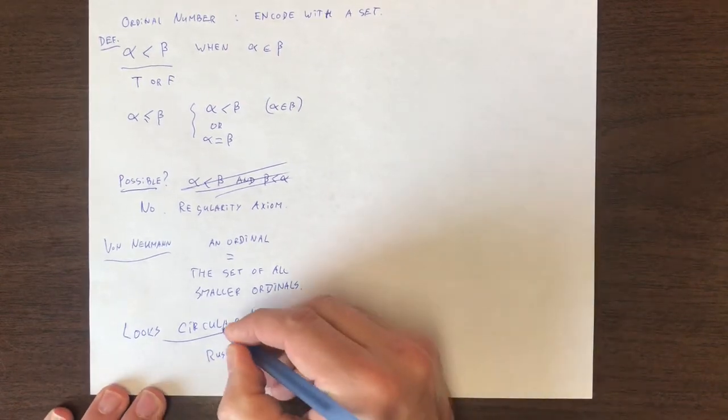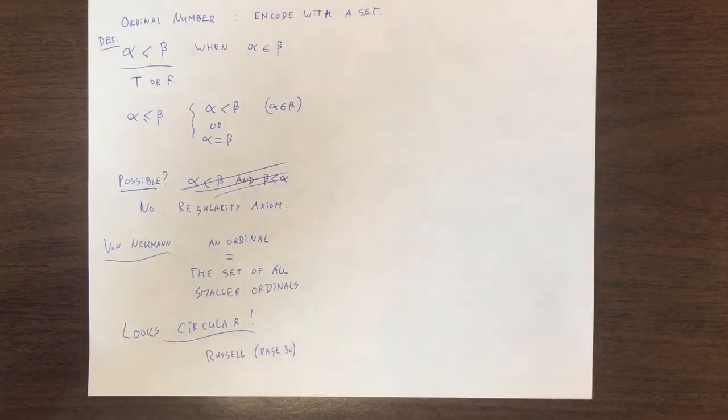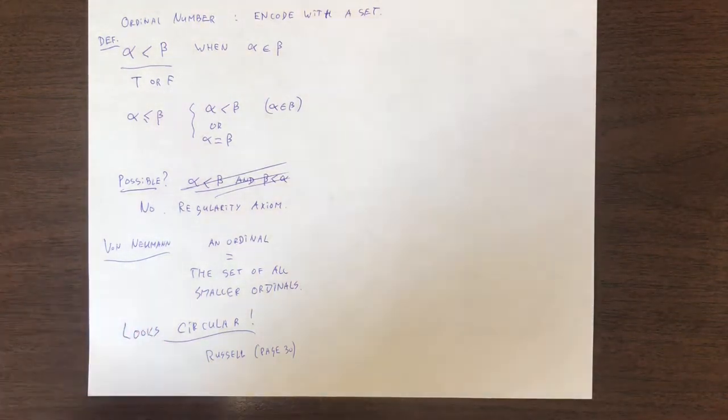Russell's paradox starts with the set of all sets, but that's circular because if you want to define the set of all sets, you kind of already need to know what that set is because it's one of those sets.